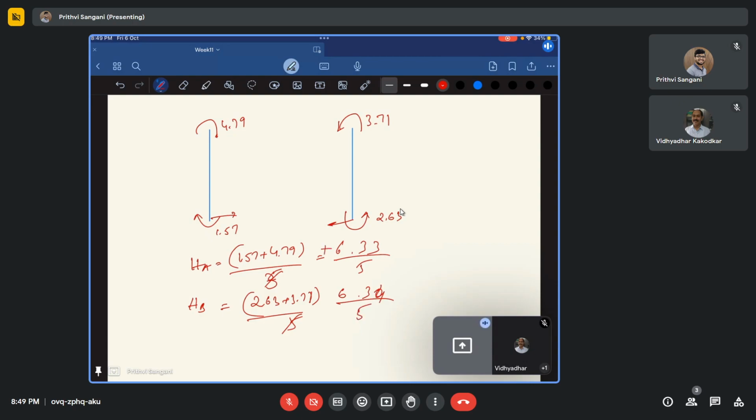So this is in the positive right side, and this is going to be leftwards. Now you can actually appreciate HA plus HB is 0. This is 6.33 and 6.34, that is very small variation. Again, this is an approximate method, right? So that's the reason why we are taking it as zero. So I hope now this is clear.